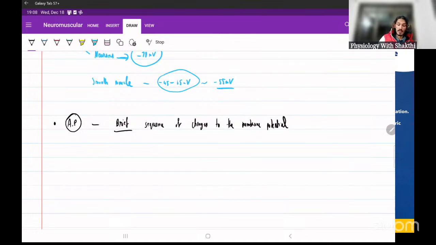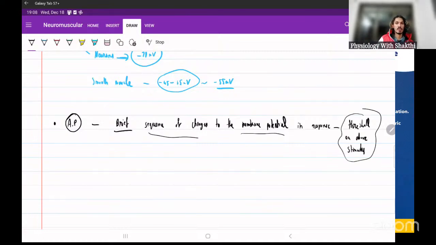There is a whole sequence of changes to the membrane potential in response to a threshold or above threshold stimulus. If we give a stimulus which is either threshold or above threshold, that will result in a brief sequence of changes in the membrane potential. That is what we call action potential.